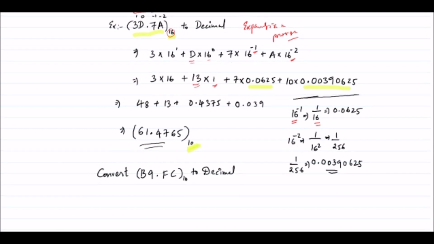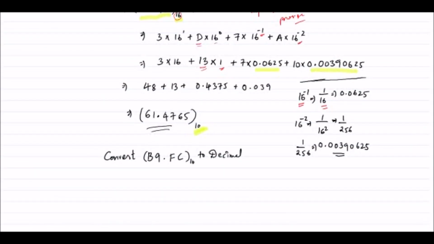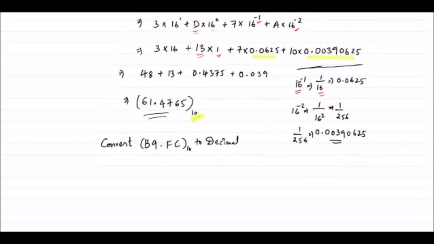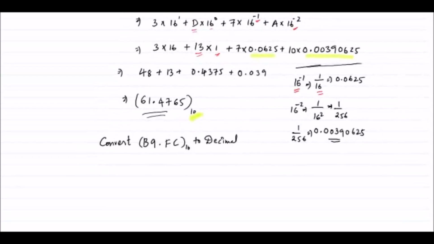If you understood how this process is followed, please do this example, B9FC base 16. The base value is hexadecimal, so base 16. Try to get the answer for this. Okay, thank you.